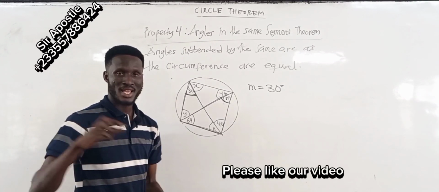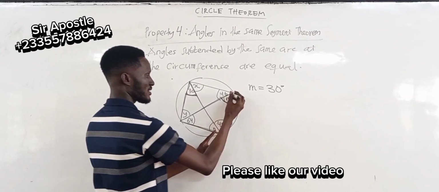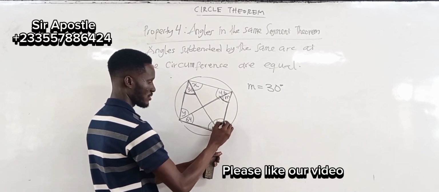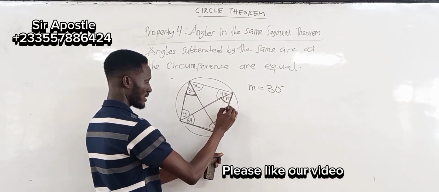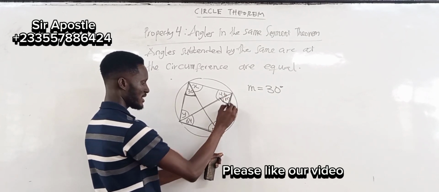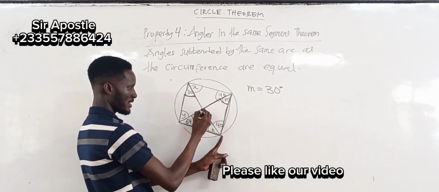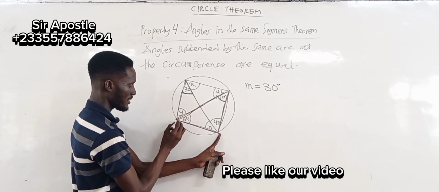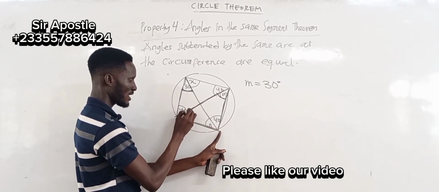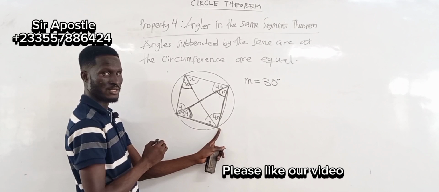Very simple. Now let's take another one. Let me consider this particular chord. Now when I take this particular chord, it means that this chord is forming an angle here. And this one is meeting it here. The angle formed is 64 degrees.